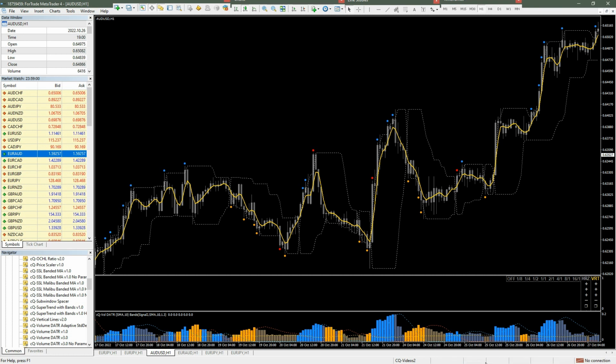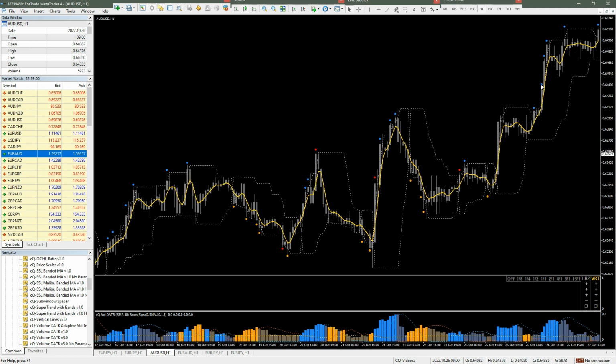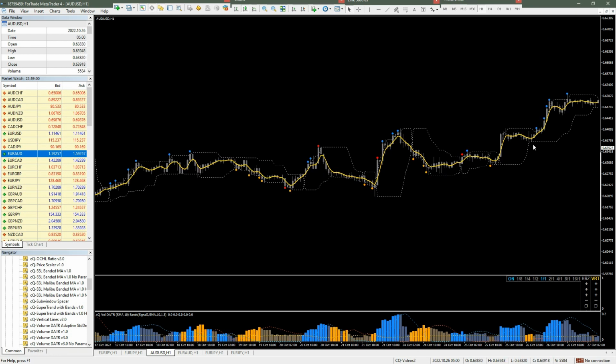I'd also like to mention this indicator here, which is the price scaler. It's on the website. Basically what it does is, if you look at the chart and you're trying to figure out how to get your volume indicator set up, this will help you determine, for example, that this looks like it's moving a lot further pip-wise than it actually is.